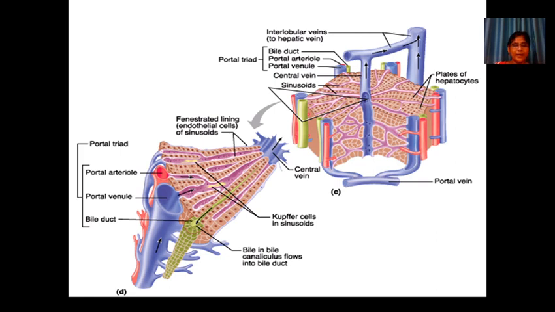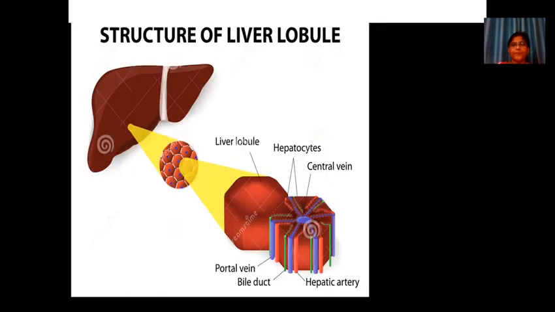Okay, that's all about the histology. So see, structure of liver lobule. The liver has liver lobules. This liver lobule is hexagonal, consisting of central vein, hepatic artery, bile duct and portal vein. This portal vein, bile duct and hepatic artery combined are known as the hepatic triad.